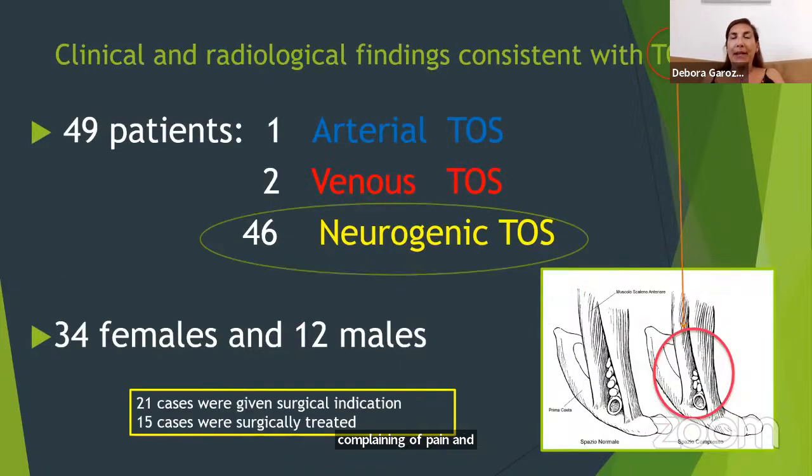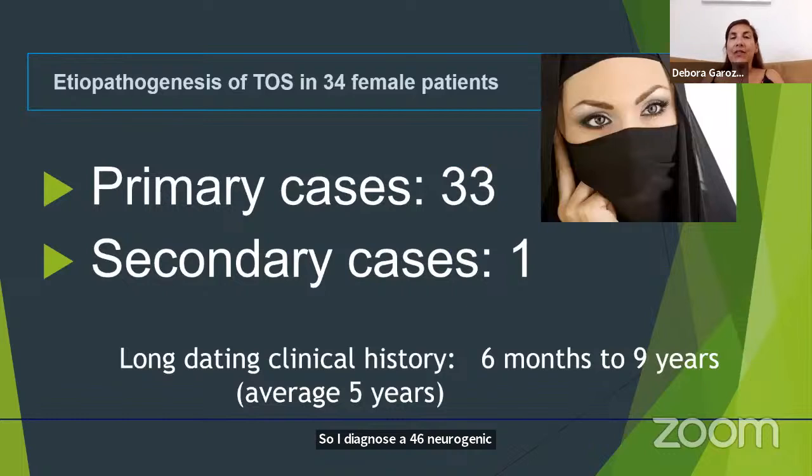And out of these patients, where there was no evidence of a discogenic etiology of the symptoms, I diagnosed 46 neurogenic TOS. It's interesting to note that the majority of them were ladies, primary cases with a very long dating history. I ended up operating on patients who had been in pain for over 10 years.